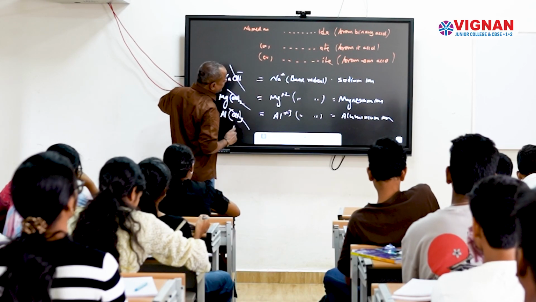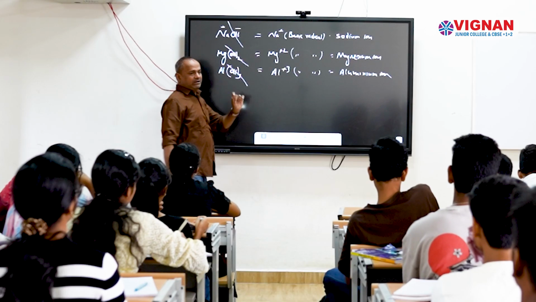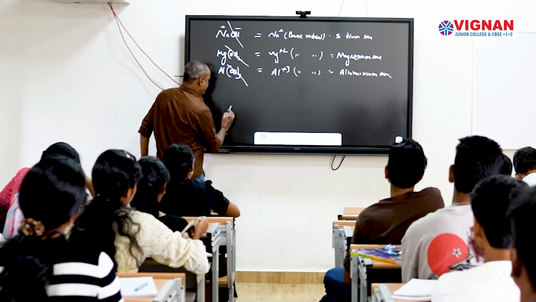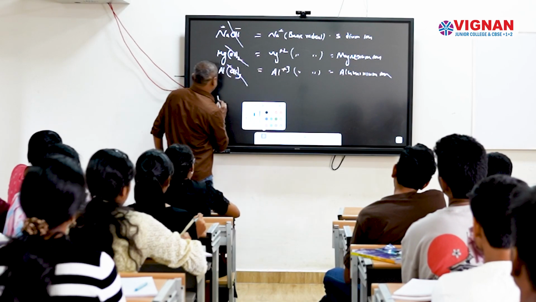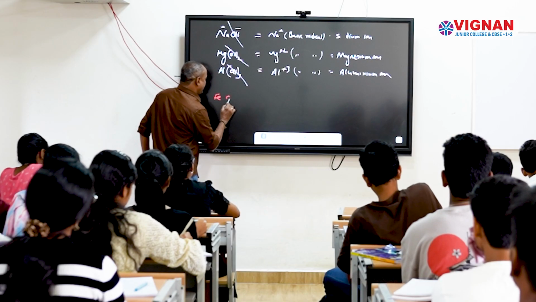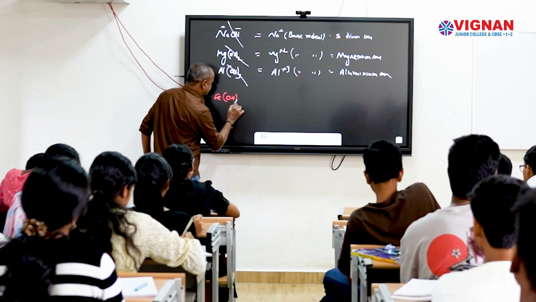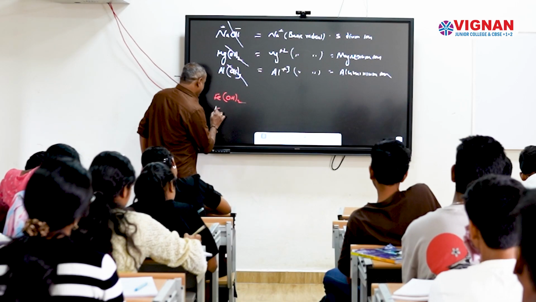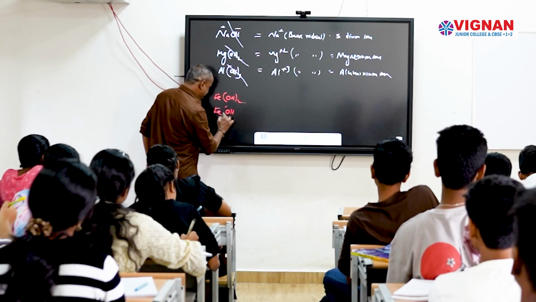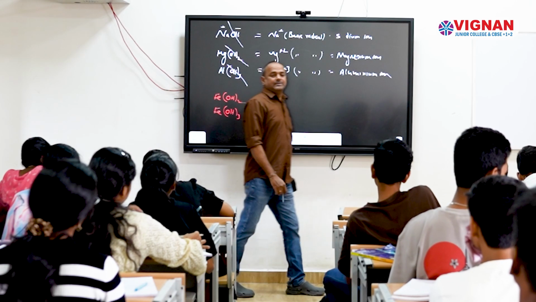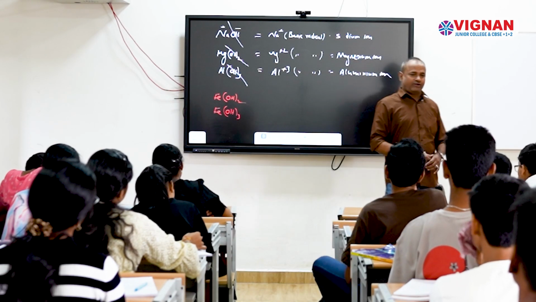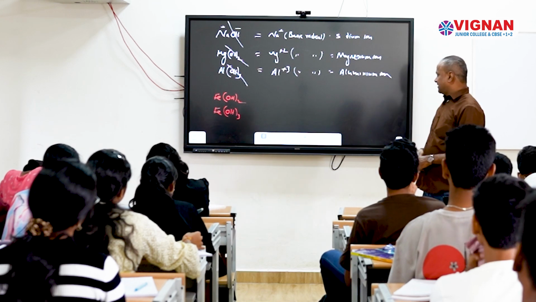Okay, but one exception is there. I will take now iron. Iron has 2 methods: Fe(OH)2 and Fe(OH)3. Same metal, Fe. Same for copper also.